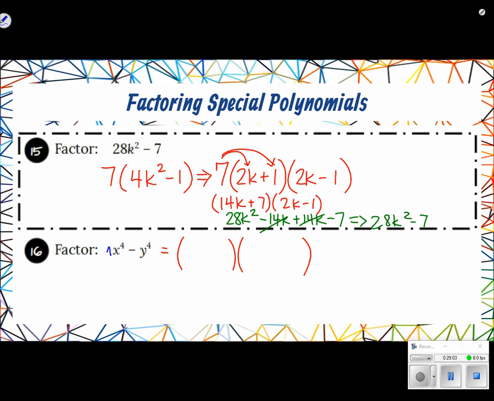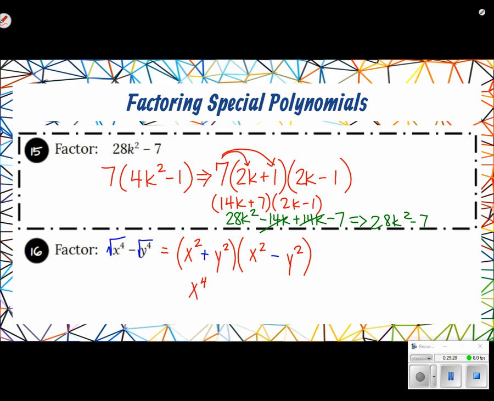So we're going to take the square root of each part. We know that because this is a binomial with a negative sign in front of our y to the 4th, one's a plus, one's a minus. X to the 4th is just x squared times x squared. Y to the 4th is just y squared times y squared. Let's check it out. X squared times x squared is x to the 4th.